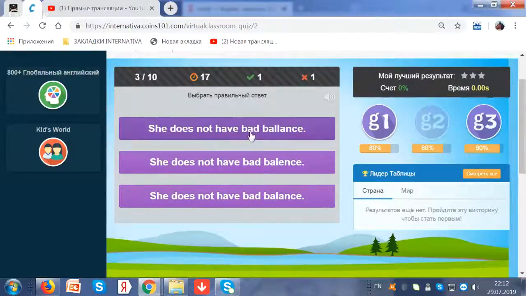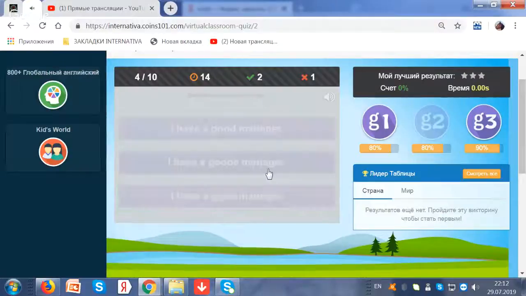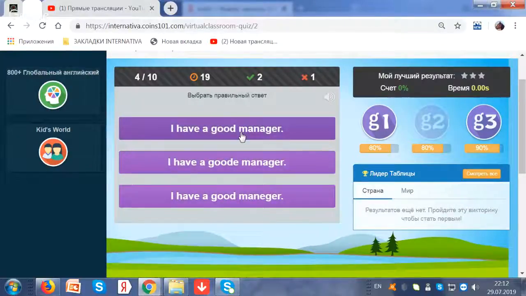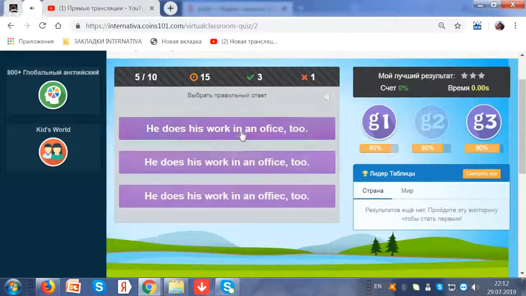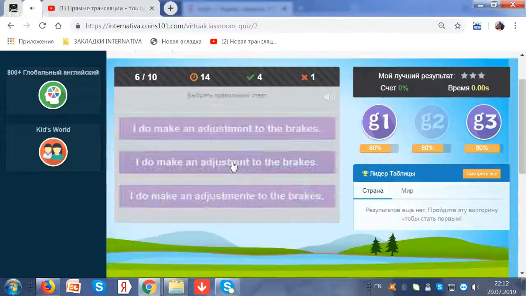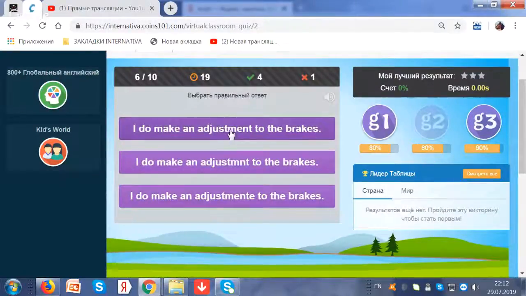He does not have bad balance. I have a good manager. He does his work in an office. I had to make an adjustment to the brakes.